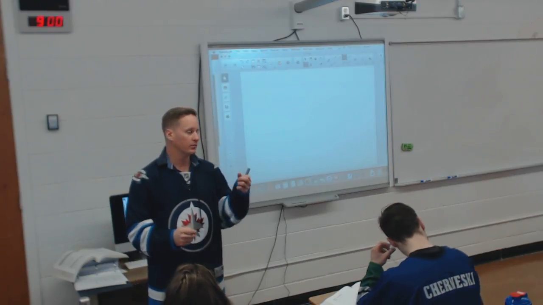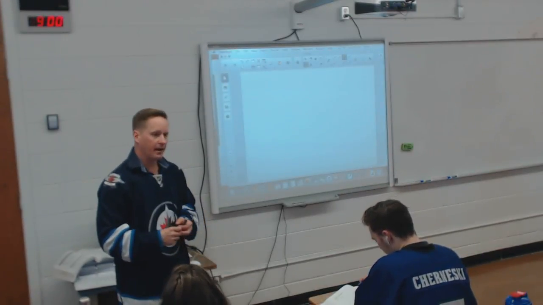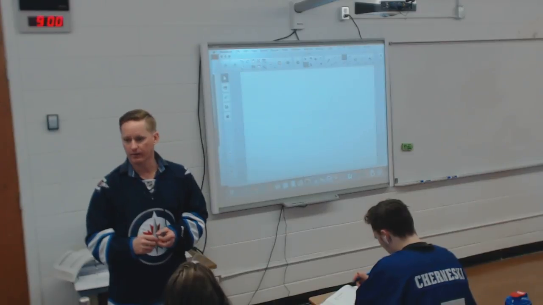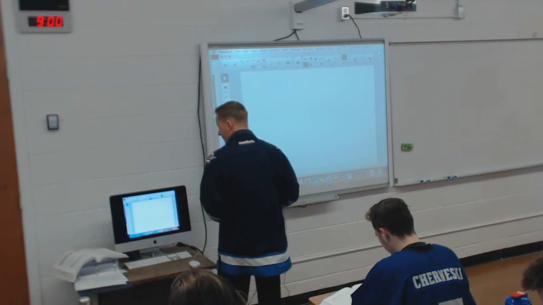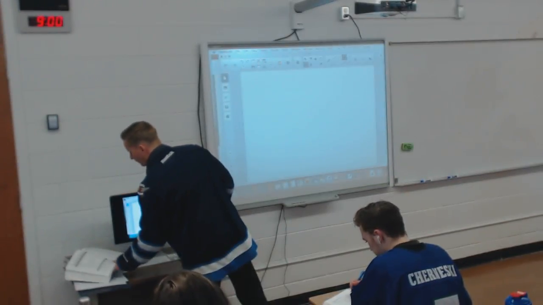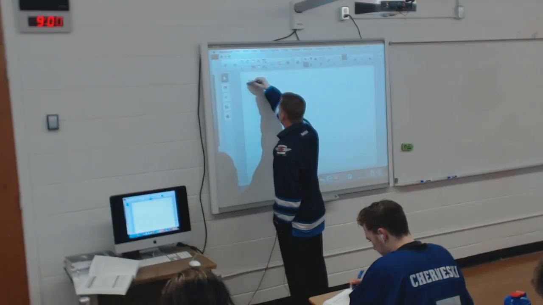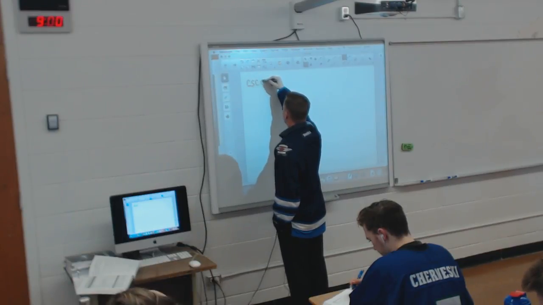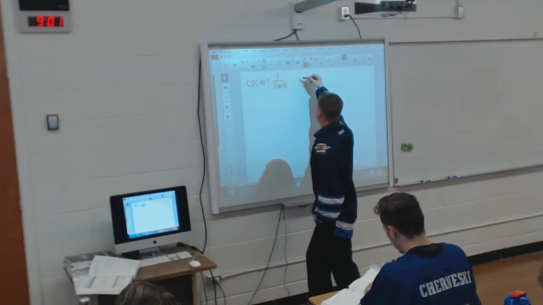Okay? So the first thing that you're going to do this morning is you're going to copy down a number of the identities that we start with, that we use. All right? So to begin with, we start with our reciprocal identities. So cosecant theta is 1 over sine theta.